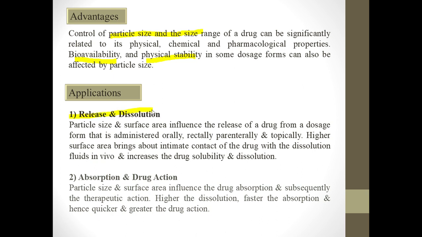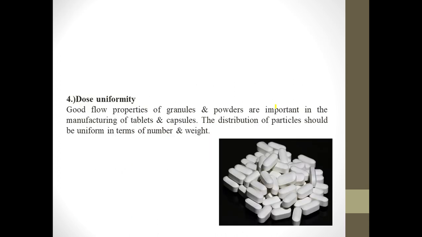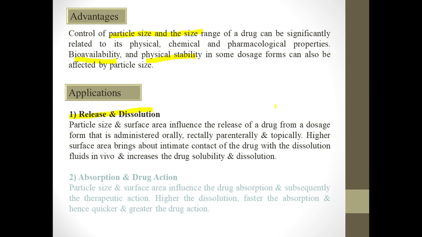The particle size and surface area influence the release of the drug from the dosage form administered orally, rectally, parenterally and topically, and the surface area brings intimate contact of the drug with the dissolution fluids in vivo and increases the solubility and dissolution of the substances.